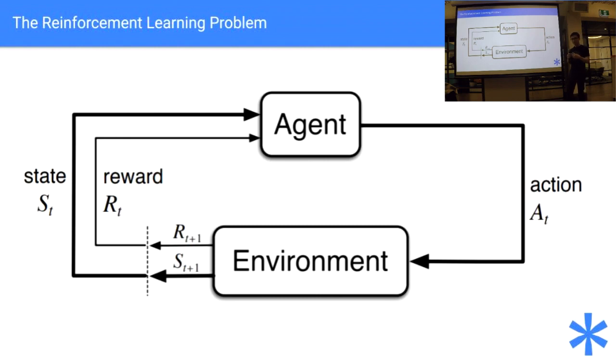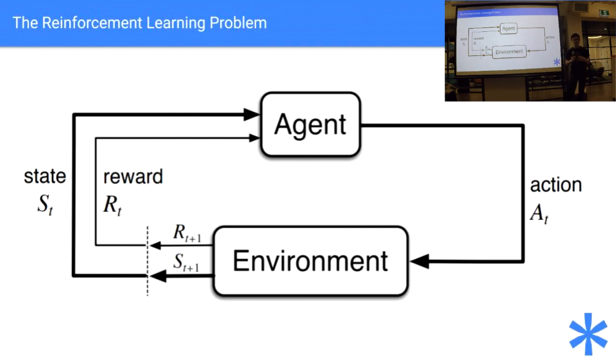Typically, the agent will receive from the environment an observation or a state, as you call it. An observation or state can be an image from a camera, or it can be sensor readings, temperature, how far the robot's arms are angled, things like that. And given this information, the agent would have to make a decision on what it wants to do next. It needs to take an action.